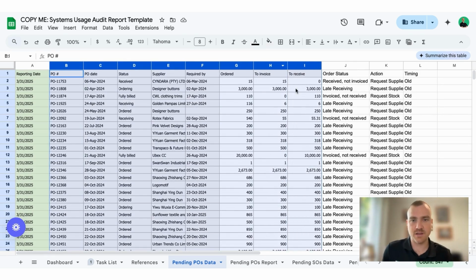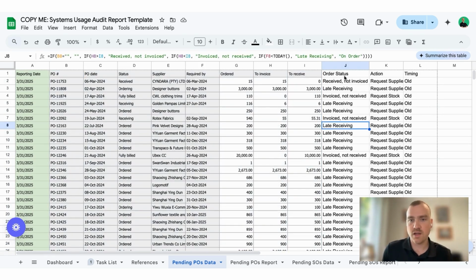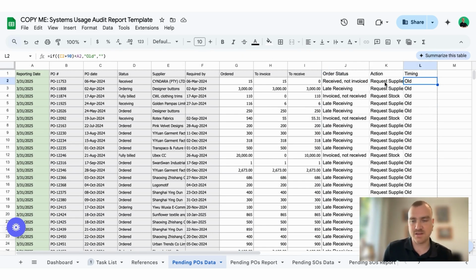This is the report that you get out of Cin7 Core, and then we have formulas giving us the status, the action, and if there's a timing issue. So these are all old purchase orders, past the required by date. That's something to look at.